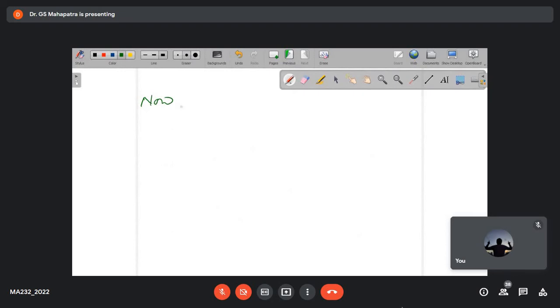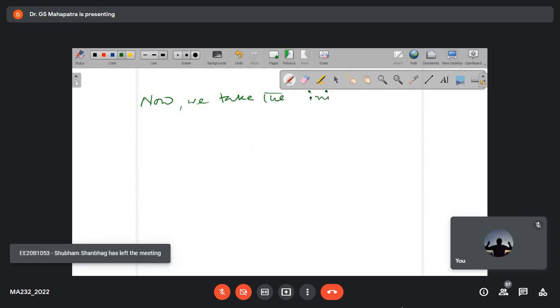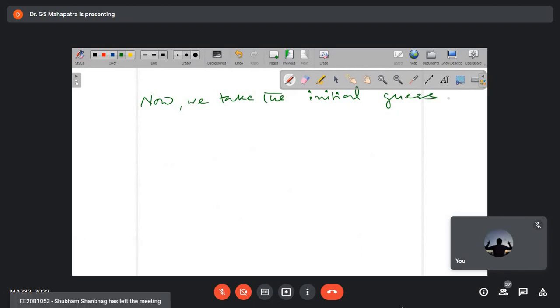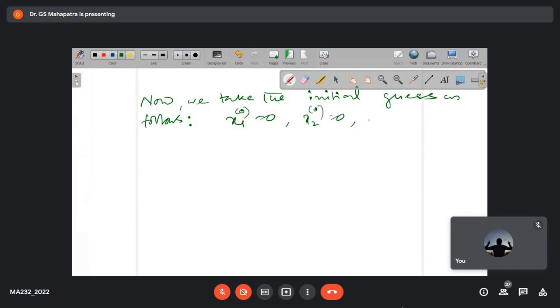We take the initial guess as follows. So x1 0 equals to 0, x2 0 equals to 0 and x3 0 equals to 0.